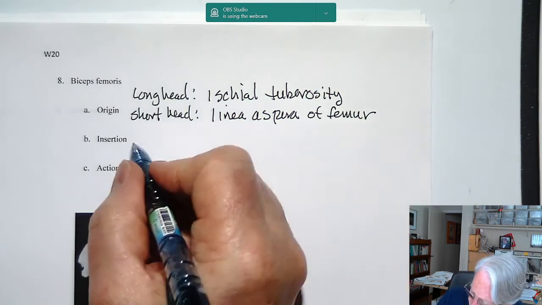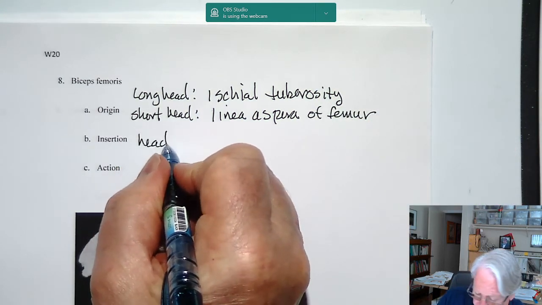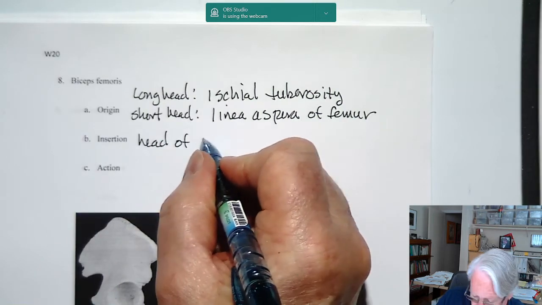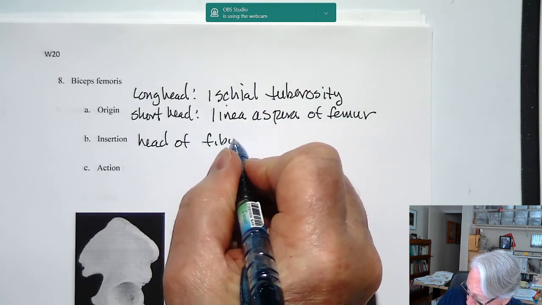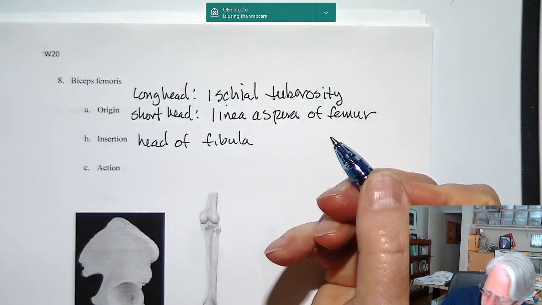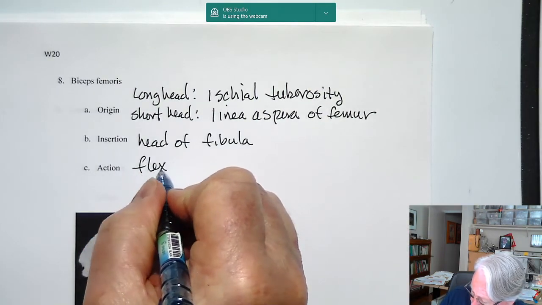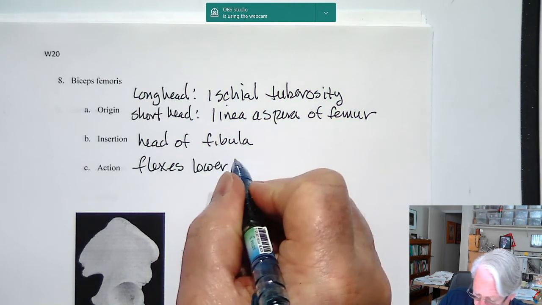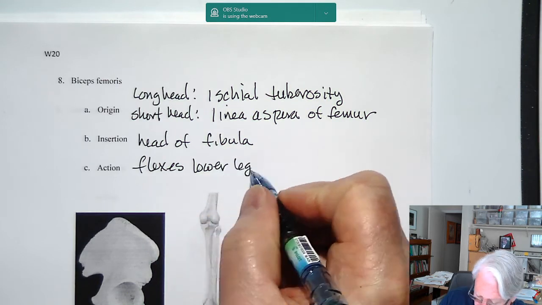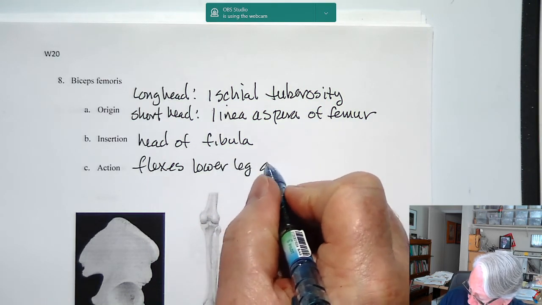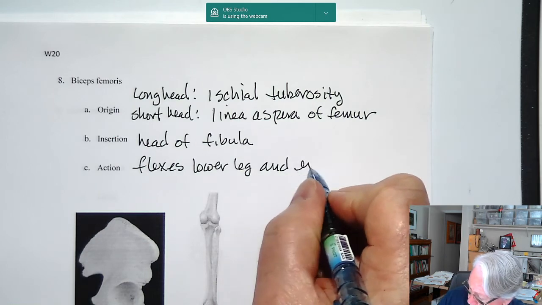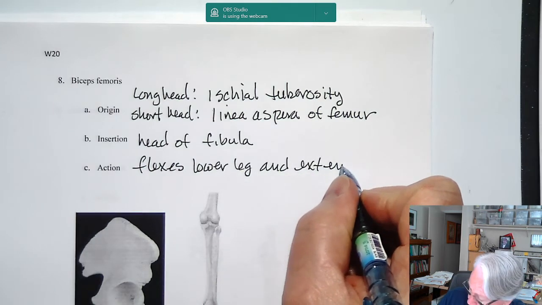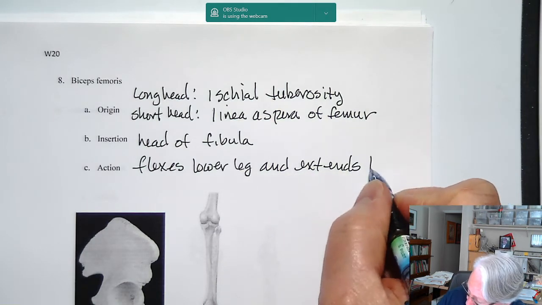The insertion is the head of the fibula. And the action is flexes the lower leg, bringing the lower leg back, and extends the thigh.